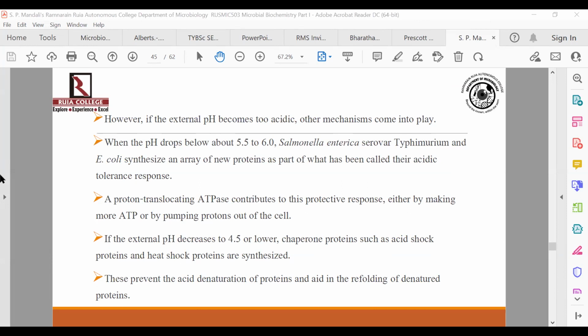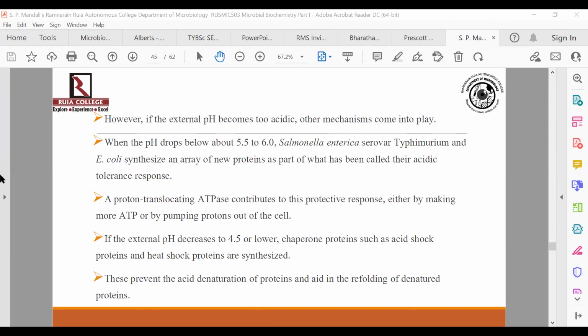Please understand, students, that when the condition becomes too acidic for the cell to tolerate, these organisms will produce a definite set of proteins which they do not produce otherwise. These proteins are part of the acid tolerance response, because they give the organisms the ability to tolerate acidic conditions effectively.